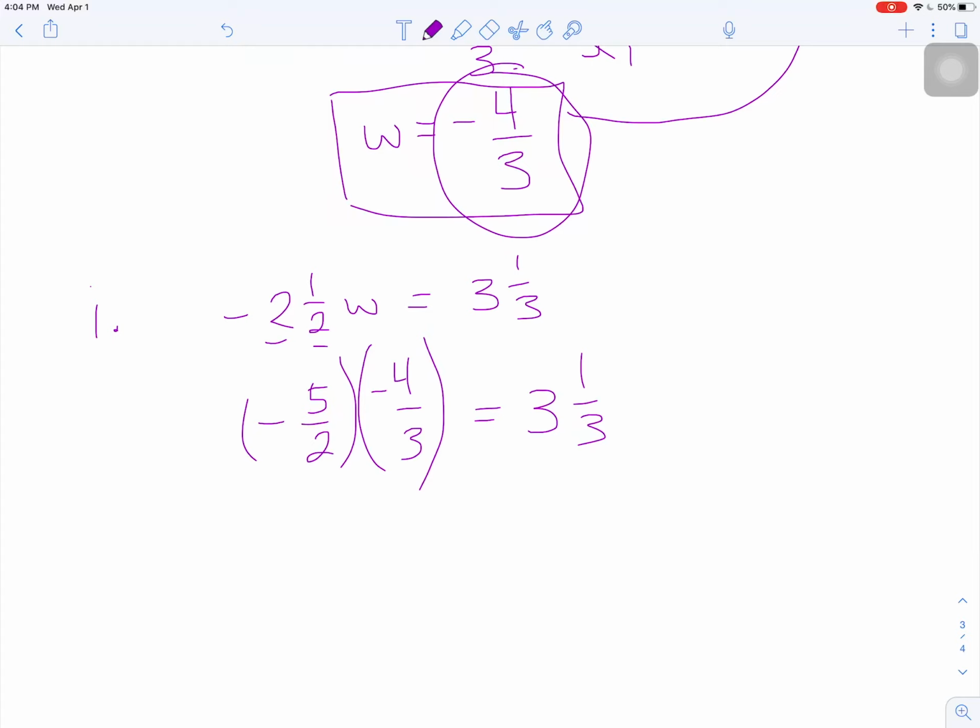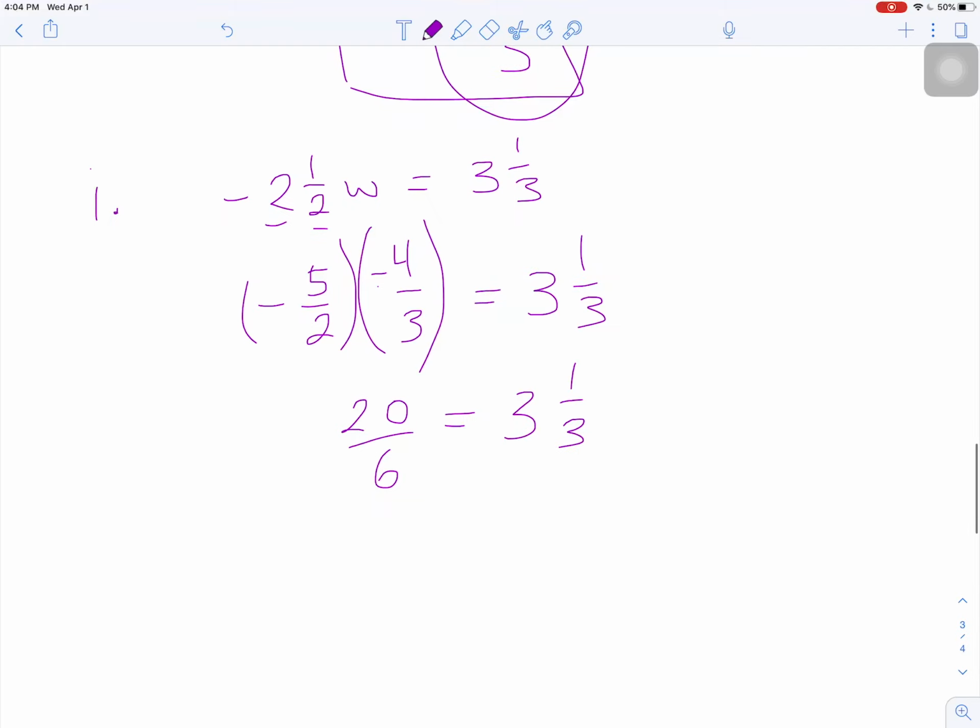Does that work? 5 times 4 is 20. 2 times 3 is 6. The negative times a negative gets you a positive, so 20/6 equals 3 and 1/3. Doesn't look right yet, does it? Well, we can divide them by 2.